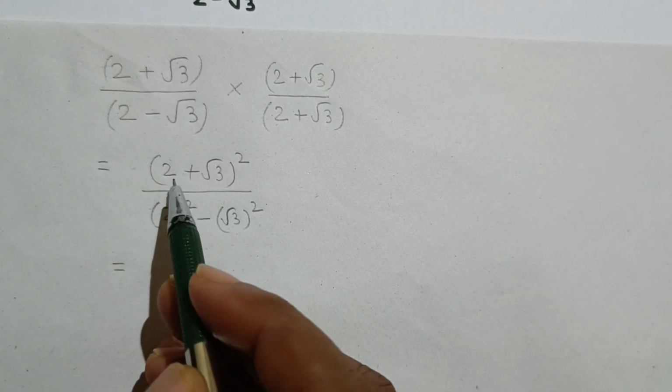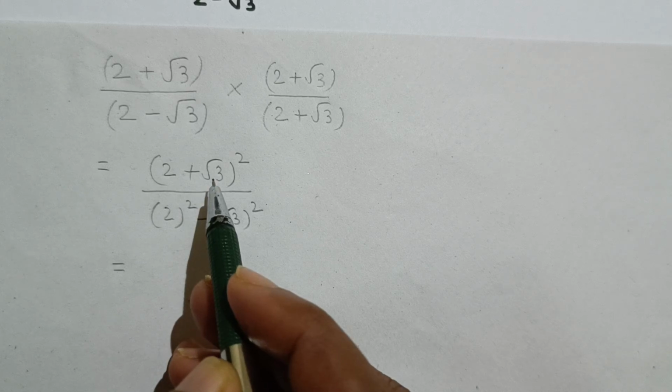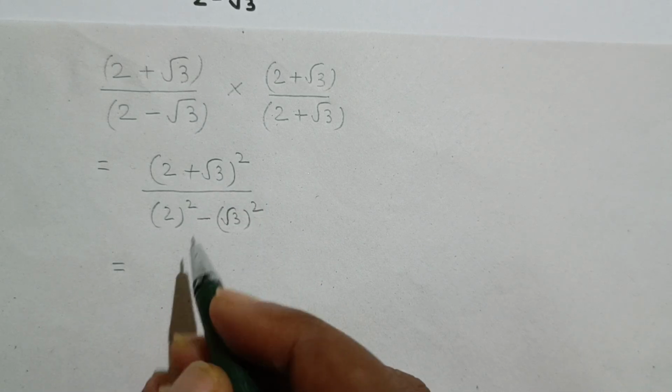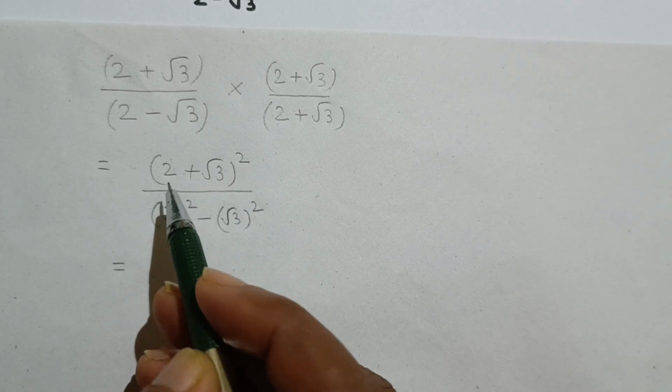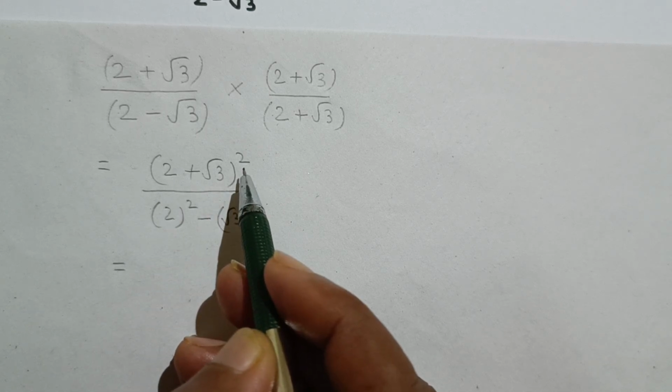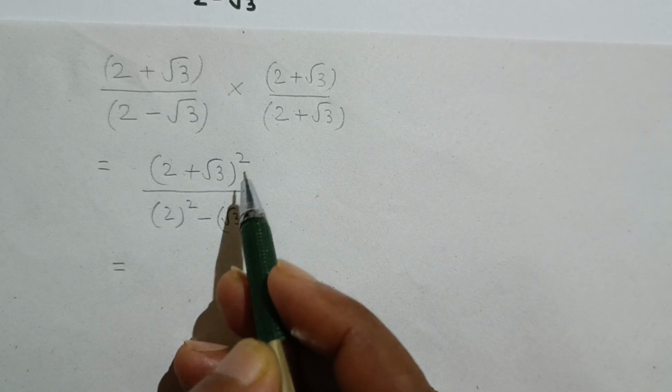So the numerator is (2 plus square root of 3) whole square. Let us expand it. It is in the form of (x plus y) whole square, and (x plus y) whole square is x square plus y square plus 2 into x into y.